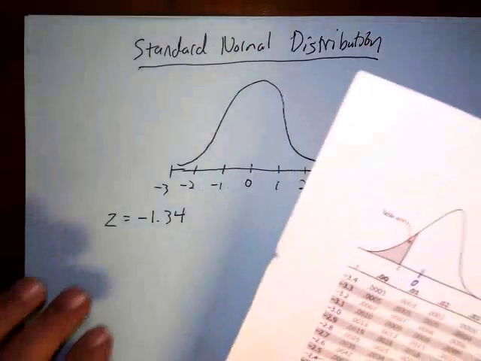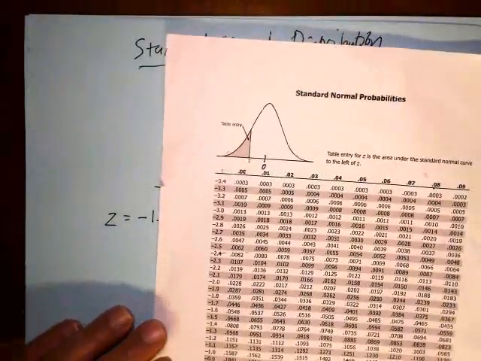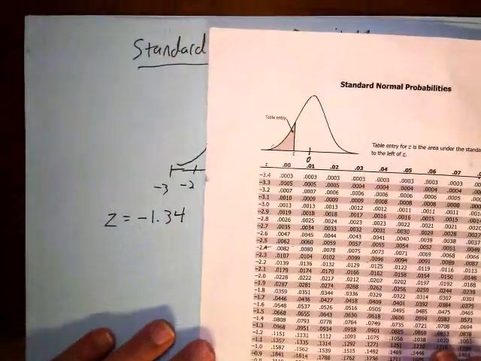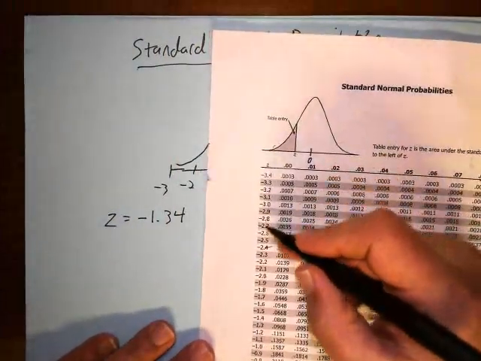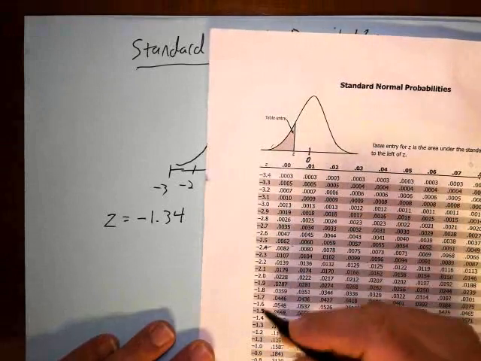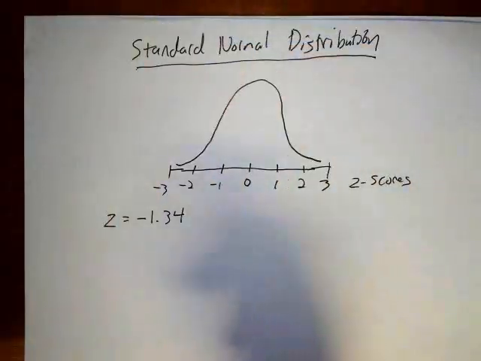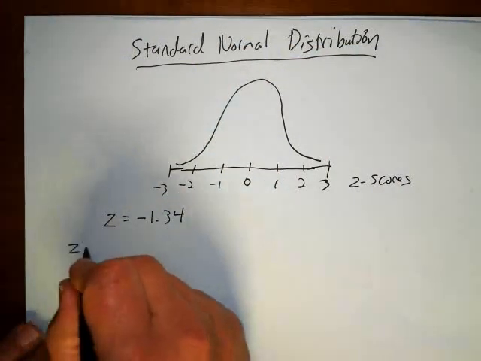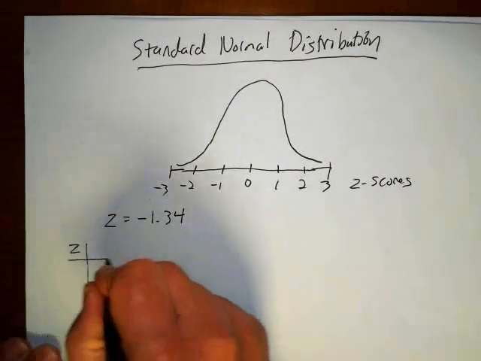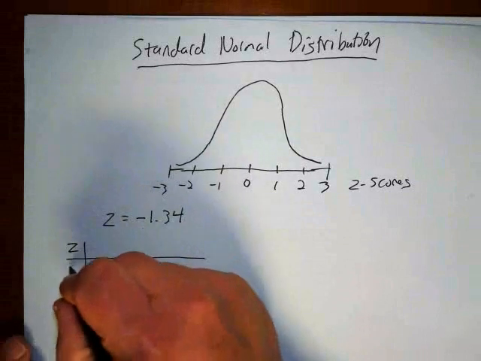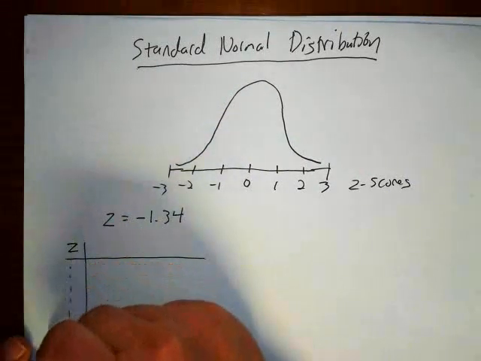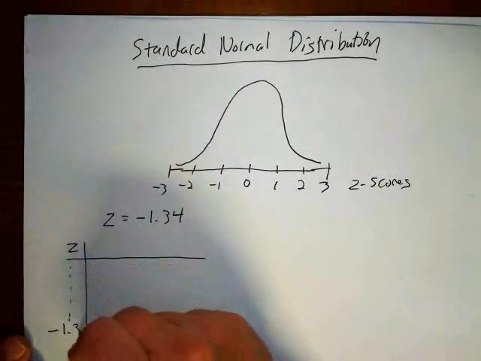So to look this up on the table, I'm going to go on the negative side because it's a negative z-score, and down this column I'm going to look for -1.3. Okay, so let me show you on here. You have your table, and you're going to go down this column till you get to -1.3.